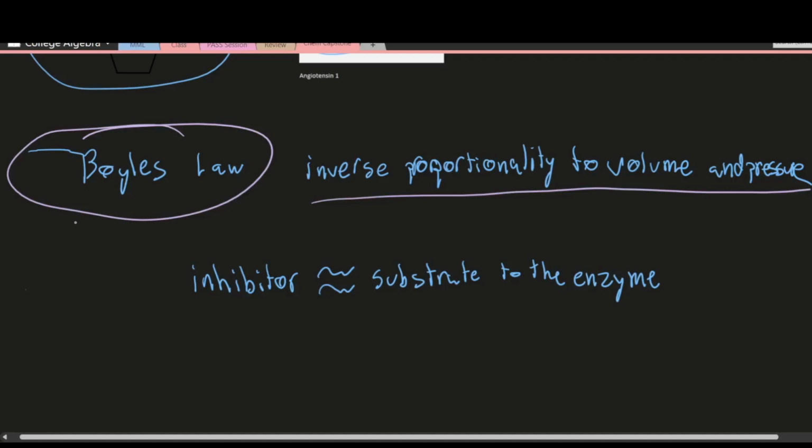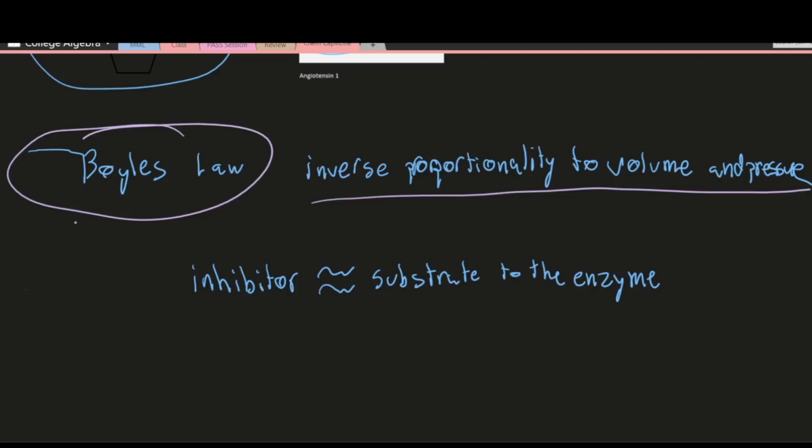Because as the ACE inhibitor works upon the ACE enzyme, this reduces the production of aldosterone and angiotensin 2, which instead of constricting, this produces a dilating effect with the absence of angiotensin 2 and aldosterone. And with that dilation, that increase in volume, results in a decrease of pressure, which is the exact reason why people take this medication.